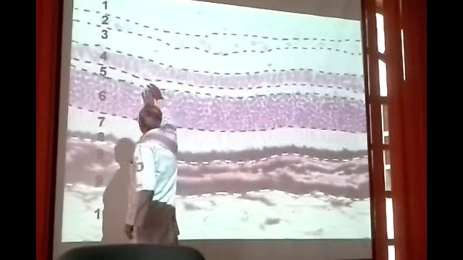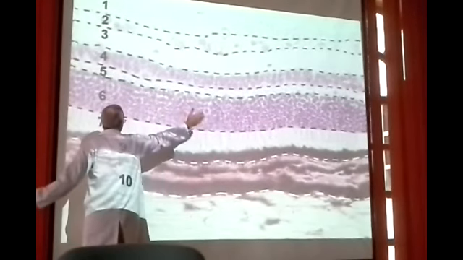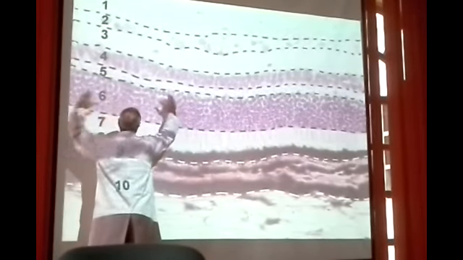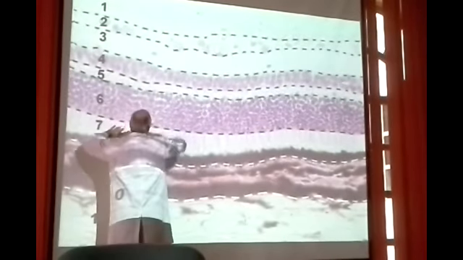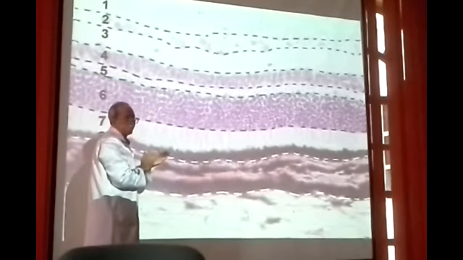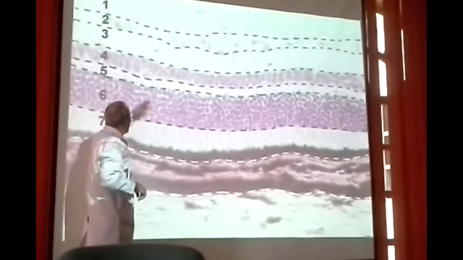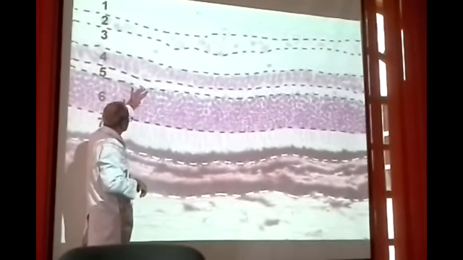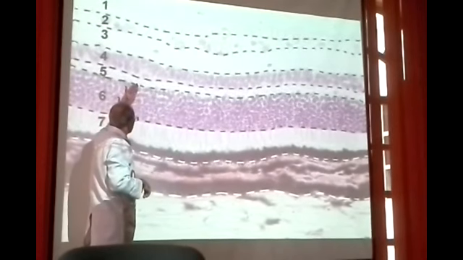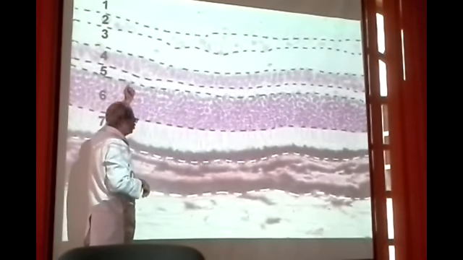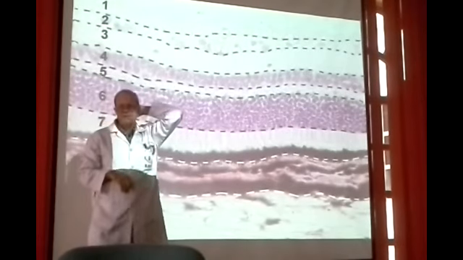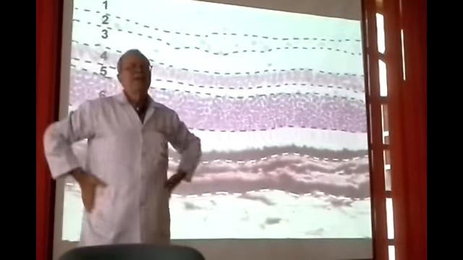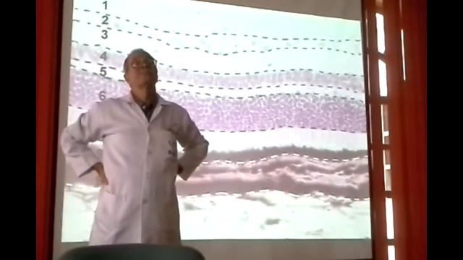Next, the outer plexiform layer, site of synapse, in between what? Rod and cone cells and bipolar nerve cells. What are the types of cells, or the nuclei of what types of cells, are present in the inner nuclear layer?